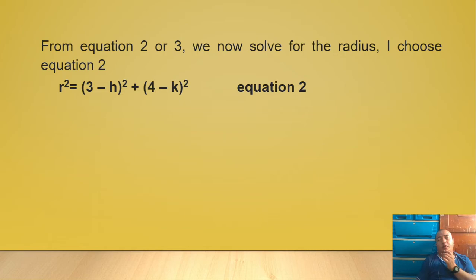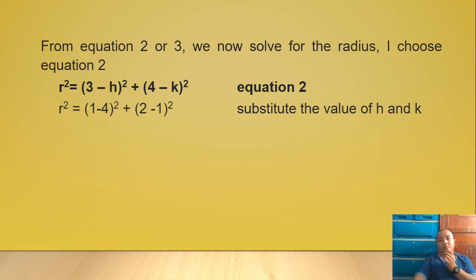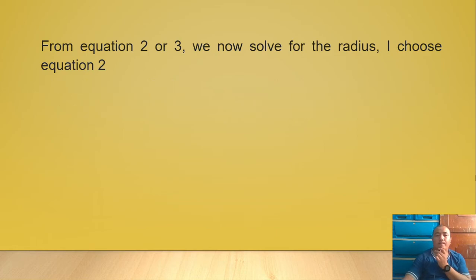Okay, this time I choose equation 3. R squared equals (3 minus h) quantity squared plus (4 minus k) quantity squared. So we have 3 minus h quantity squared. Substitute the value of h and k. Ano ba yung h and k?